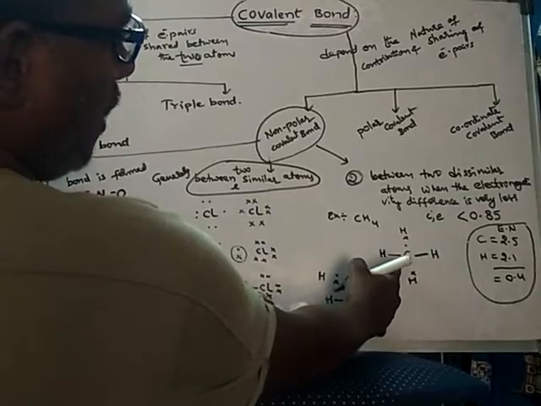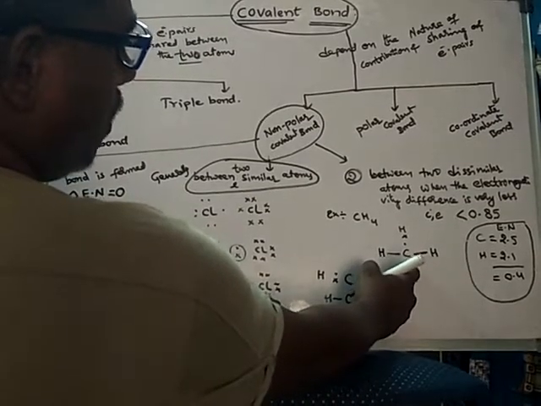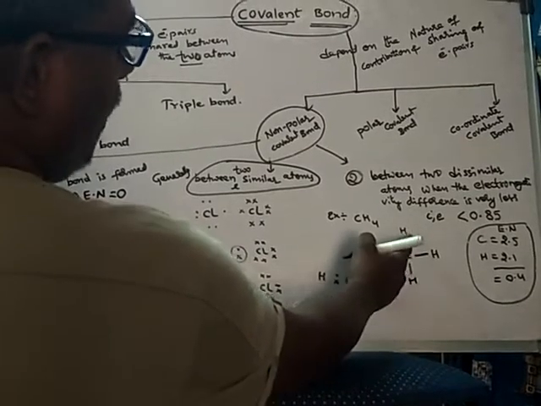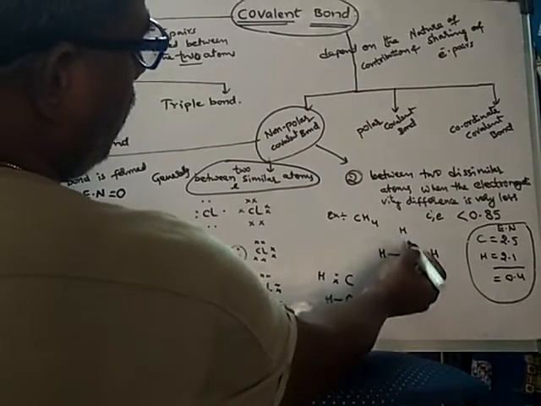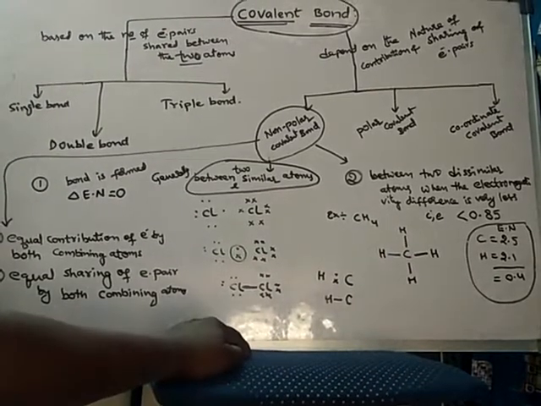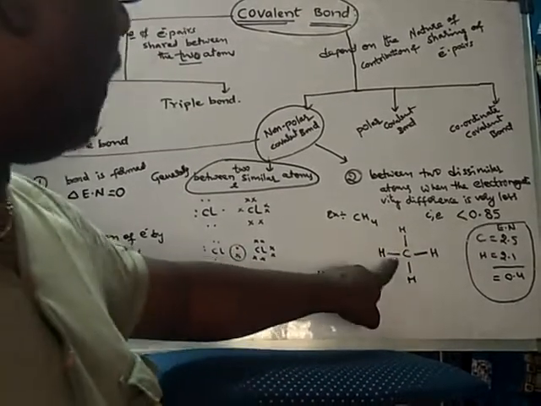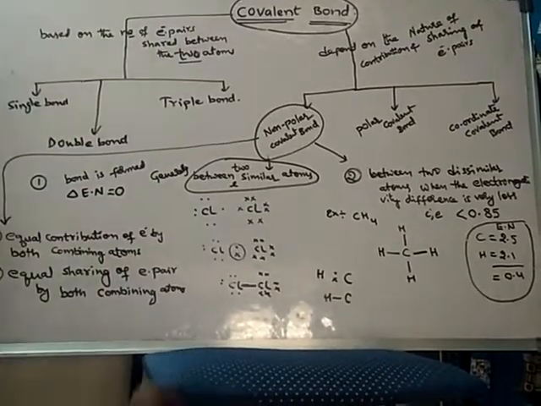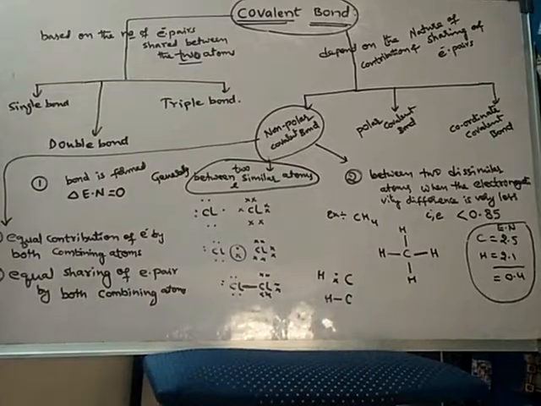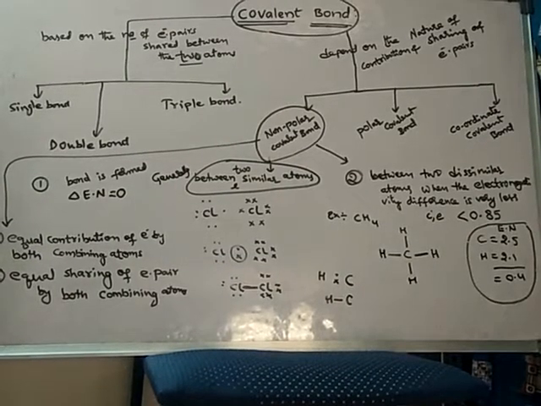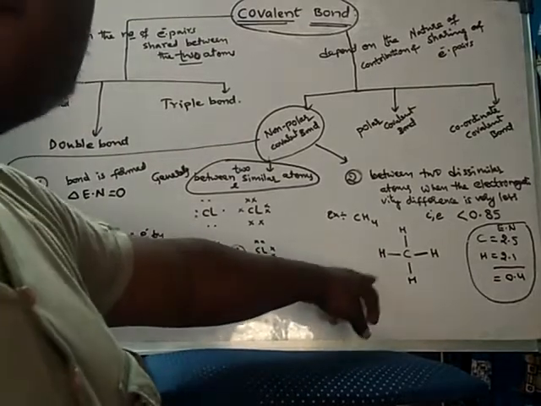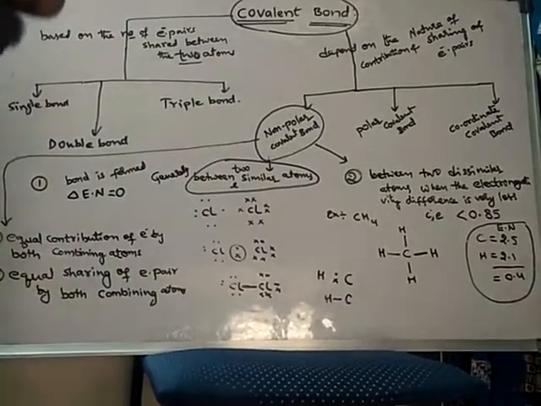Between this carbon and this hydrogen atom also, you will find a non-polar covalent bond. And here also you'll find a non-polar covalent bond. So in this way, in the methane molecule, you'll find non-polar covalent bonds. So we can tell methane is also an example of non-polar covalent bond.